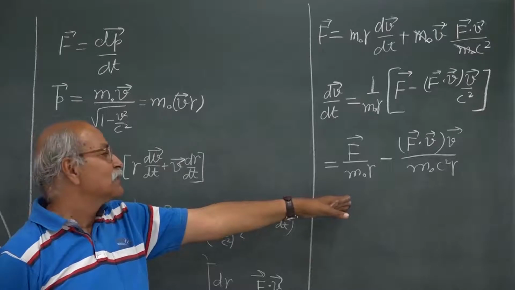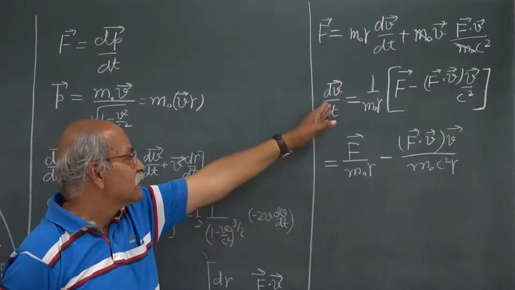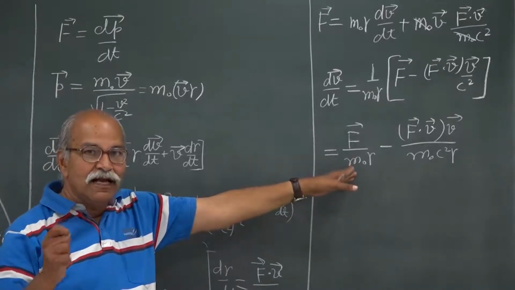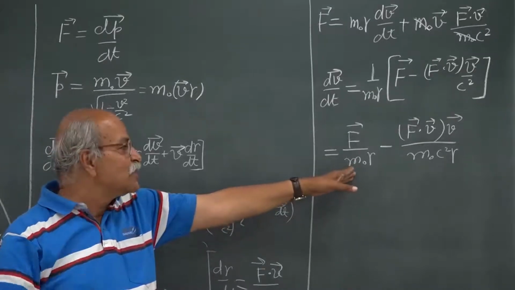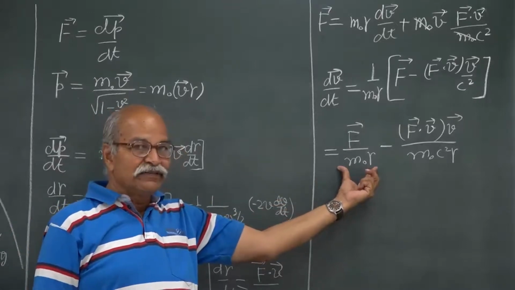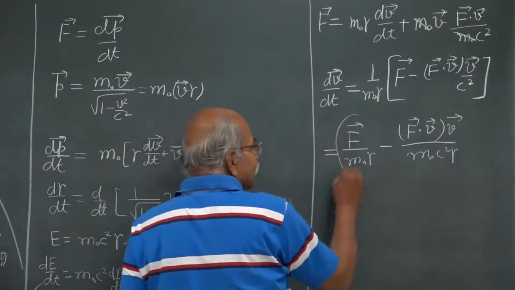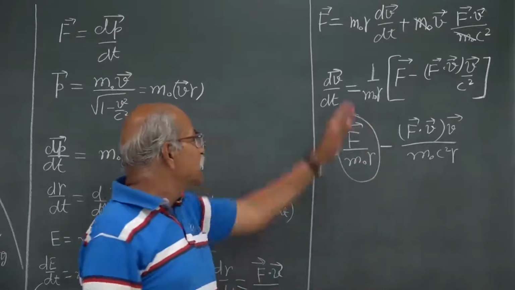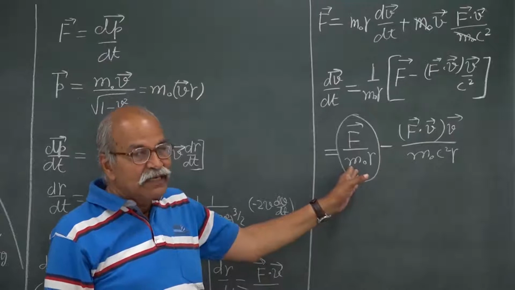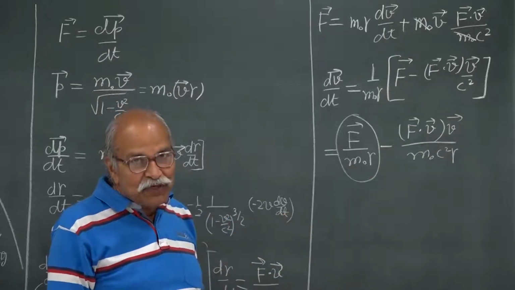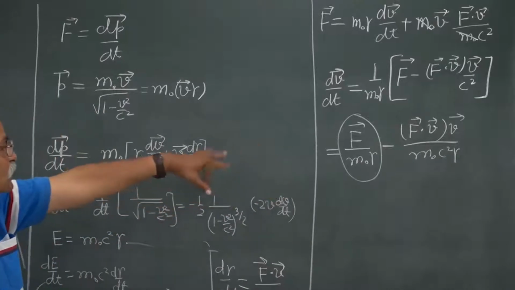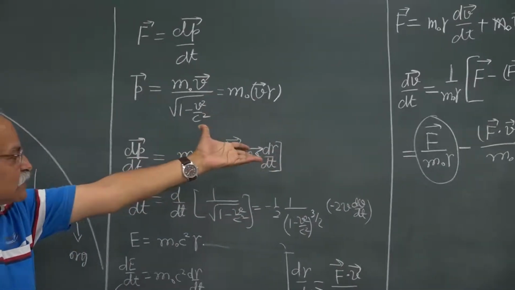In Newton's law, it was a very simple relation: acceleration is force divided by mass, and if you still have attachment with relativistic mass, this is that relativistic mass m naught gamma. So Newton's law would be like this, dv/dt is equal to force divided by, let us say, relativistic mass, but it is no use, because putting that relativistic mass in Newton's law does not give me the right equation.